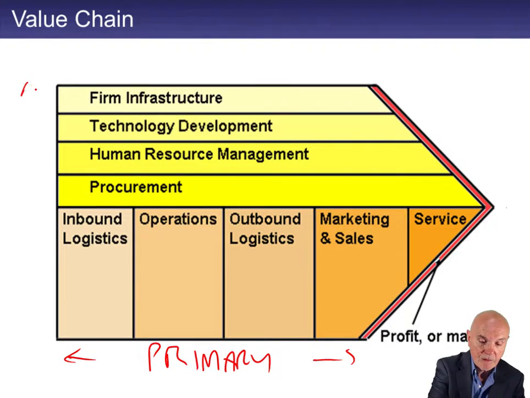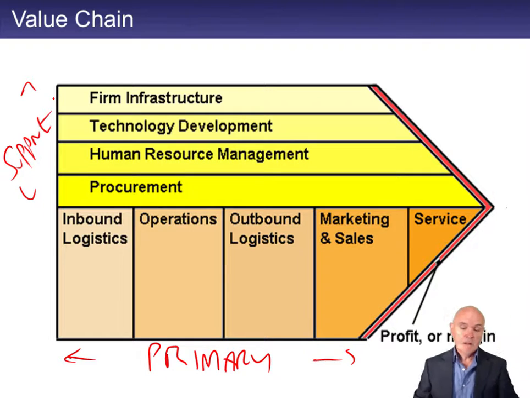And these ones here could be called secondary, but normally they're actually called support. Porter said that really what you have here are all the activities, all the things that a company does. And if it's adding value, if it does it right, so to speak, the result of this will be profit or margin.